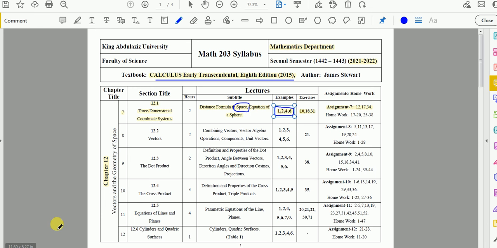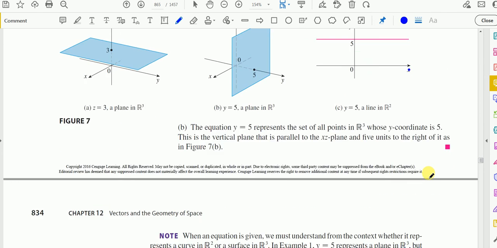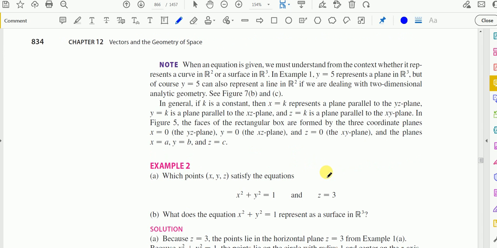First number, example 1 and 2. Just remember one moment. This is the equation of a circle: x square plus y square.